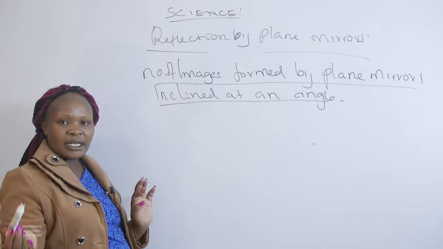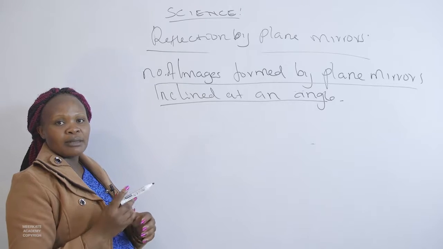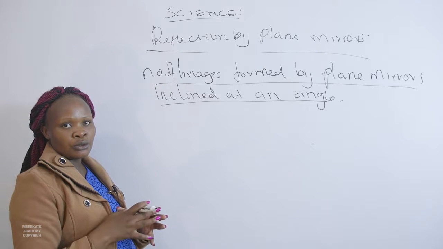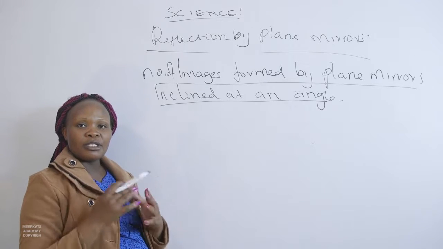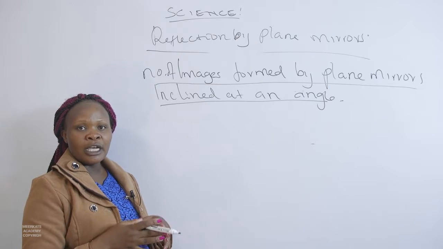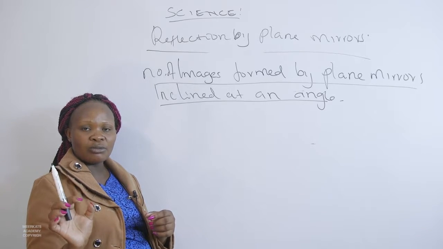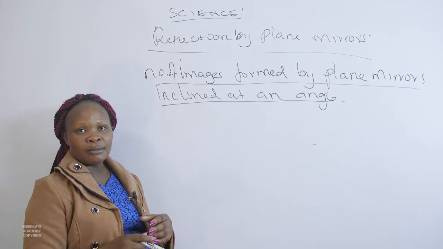You incline a mirror at some angle to the other. One image is formed by the first mirror and becomes the object of the second mirror.